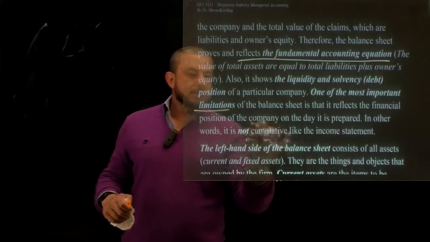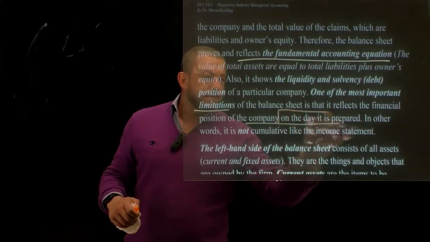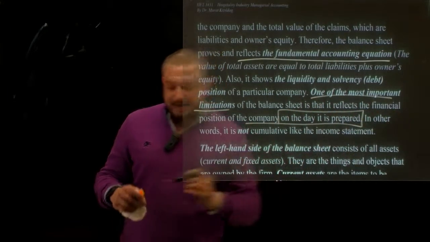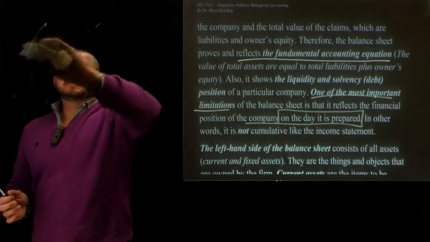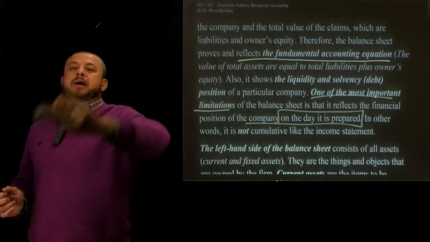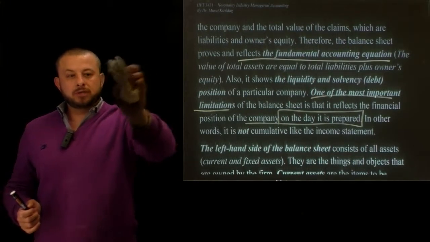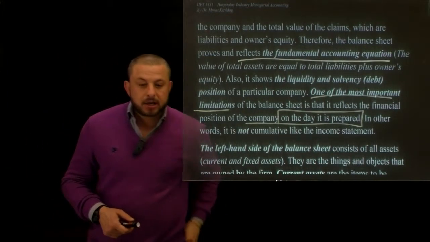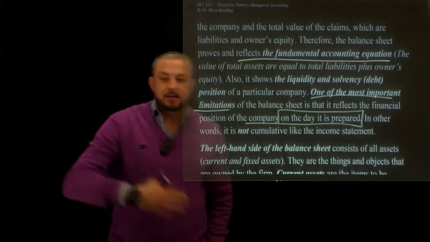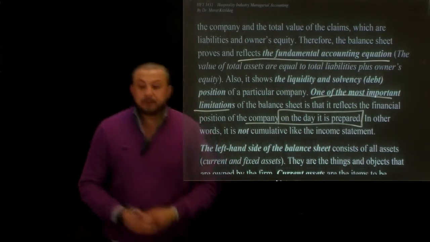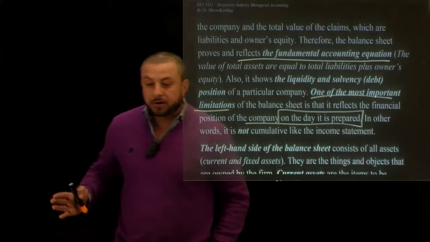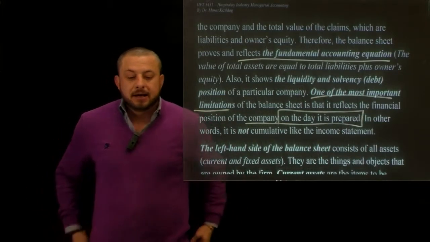Why? As I said, on the day it is prepared, the balance sheet only shows asset, liabilities, and equity balances, which is the financial condition in terms of those items, on the day it is prepared. As I said before, it could be February 10th, it could be January 24th, 2018, and it shows that.